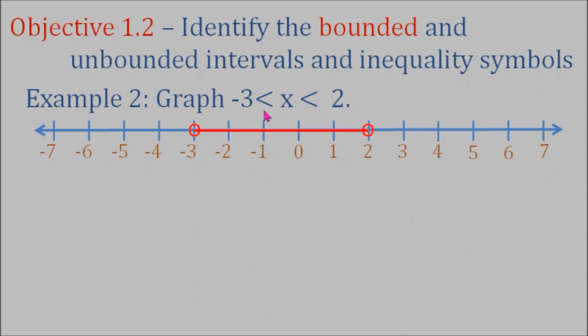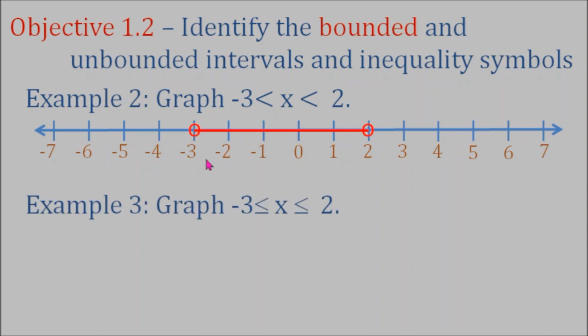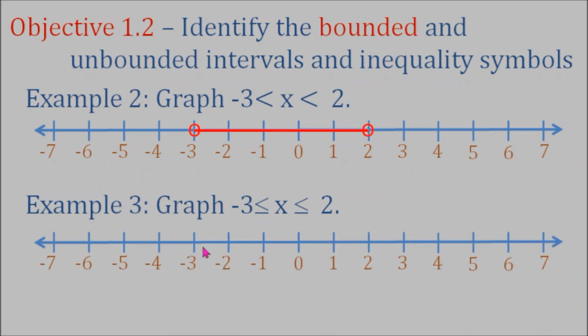How about if we change this inequality from less than to less than or equal to? So for our example number 3, that's -3 less than or equal to x less than or equal to 2. So this is our number line.